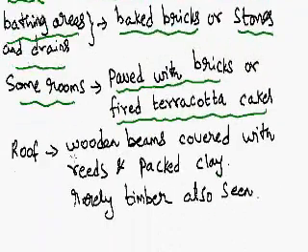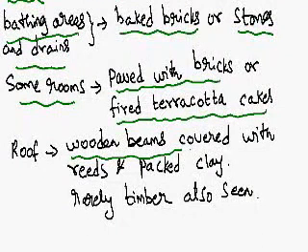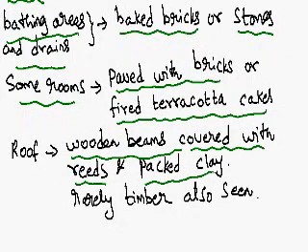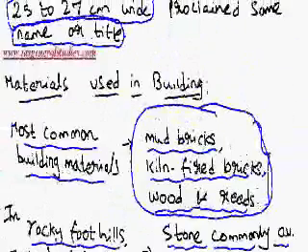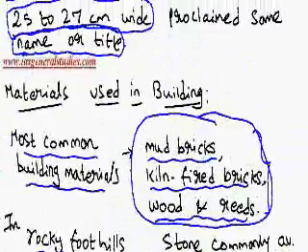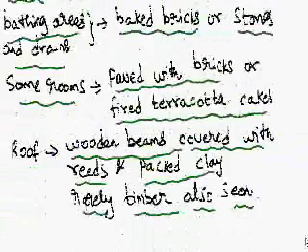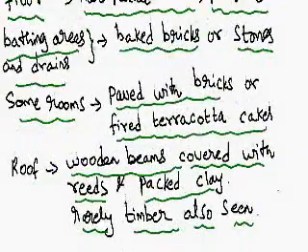For the roof, wooden beams were used, covered with reeds and packed clay, and rarely timber is also seen. So these are the materials used in buildings. Clear? Listen again and make all the points thoroughly.